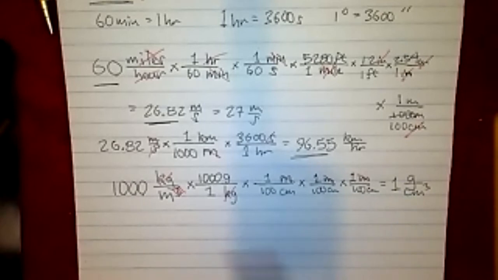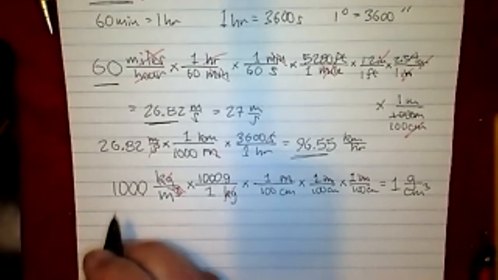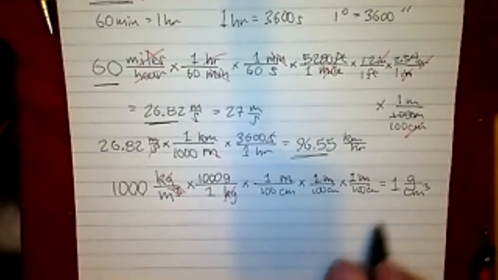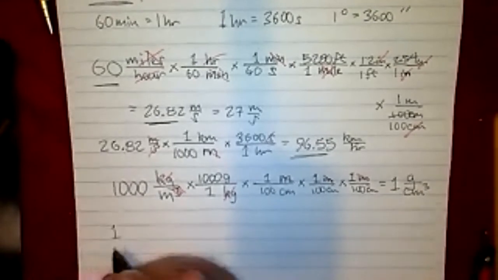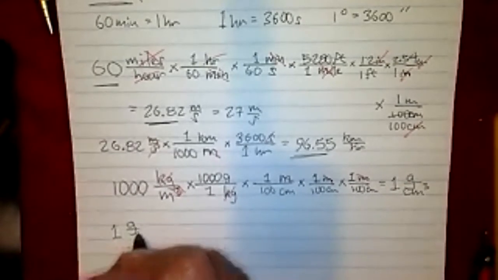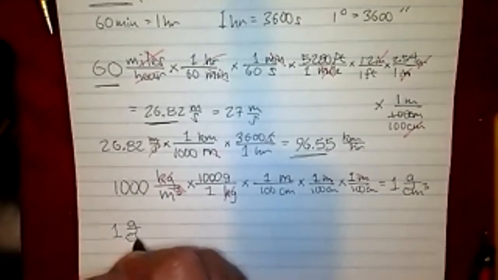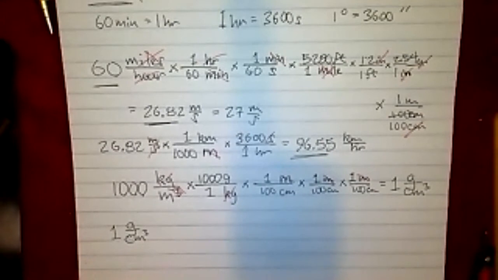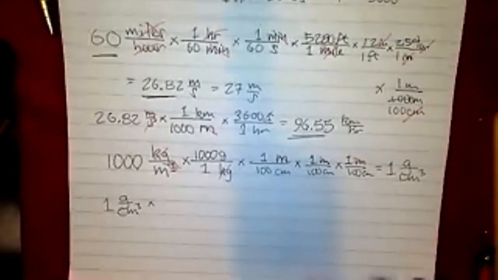And one other unit that's kind of helpful is what would this be in grams per milliliter? So if I take 1 gram per cubic centimeter and I want to convert that to grams per milliliter, what I'm going to have to do is figure out what a liter is.